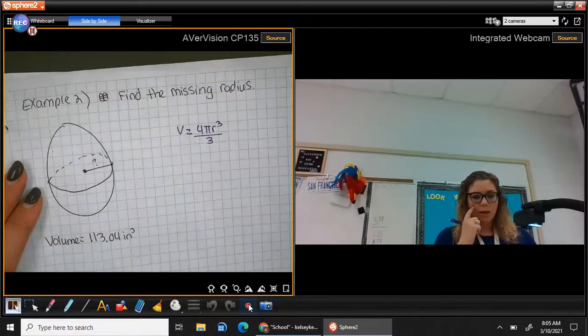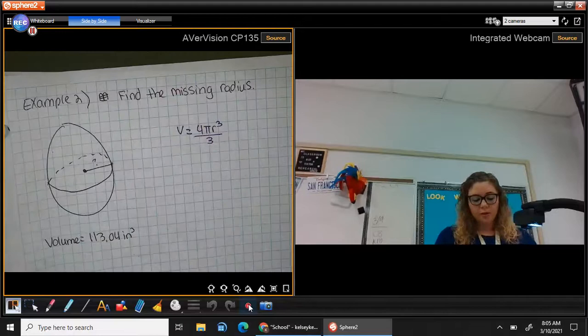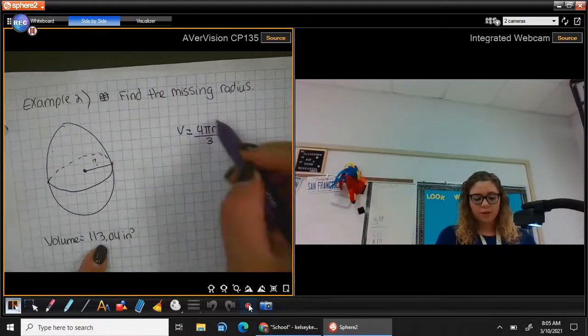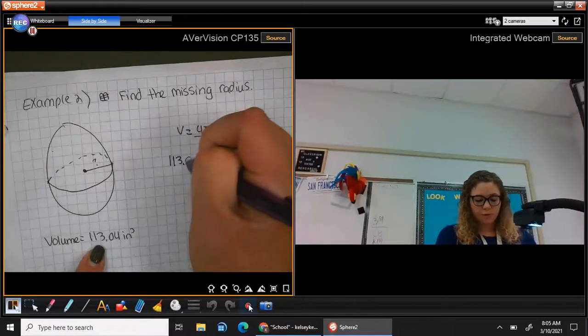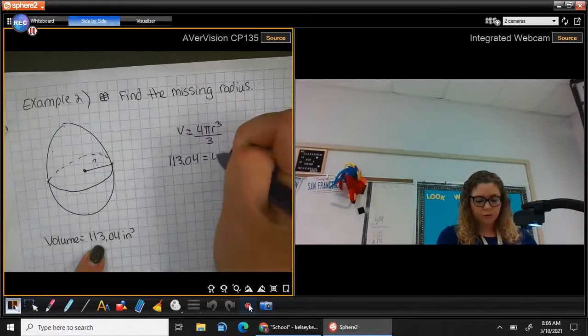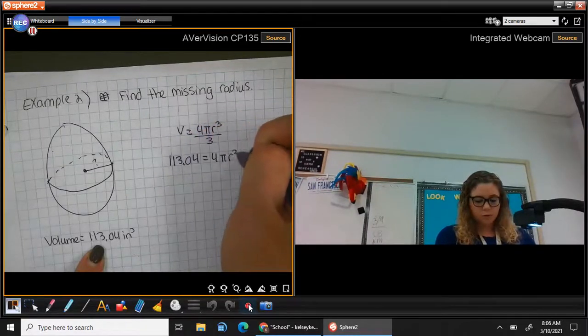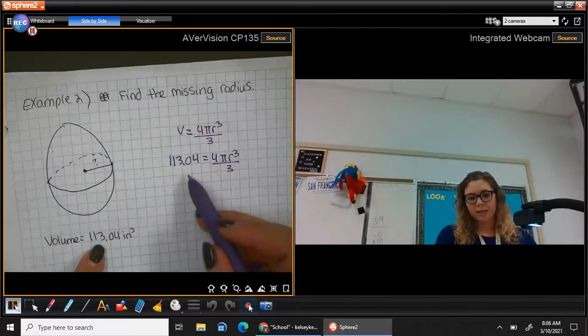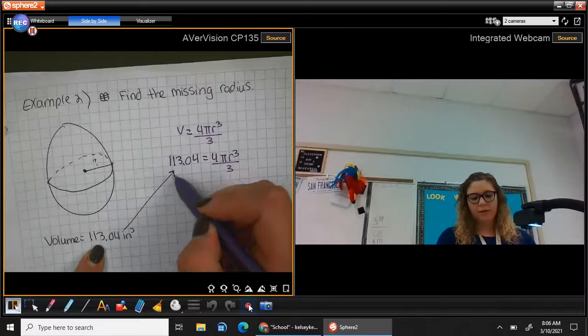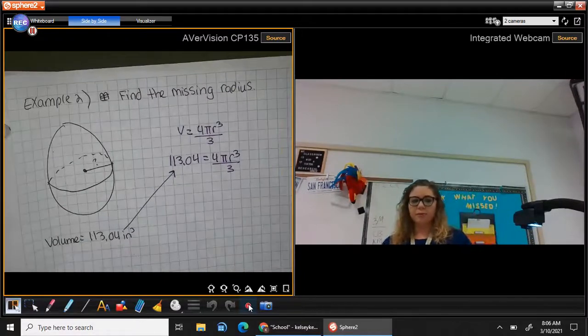Okay. And we're going to plug in what we know. We know the volume, so this whole thing has to equal 113.04. Okay, so once we find the radius, it has to equal this. So we just plug this in for V because we already know the volume. We're just trying to find the radius.